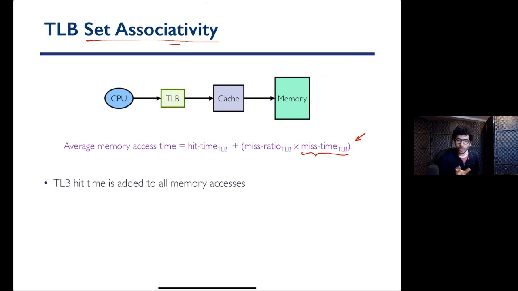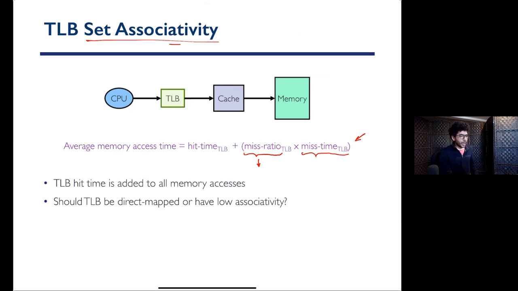So your initial thought might be that I really want to bring this miss ratio down. I really want to hit in the cache, and I want to have a really low miss ratio. So now you have two options. Should you do a direct map cache, or should you have associativity?